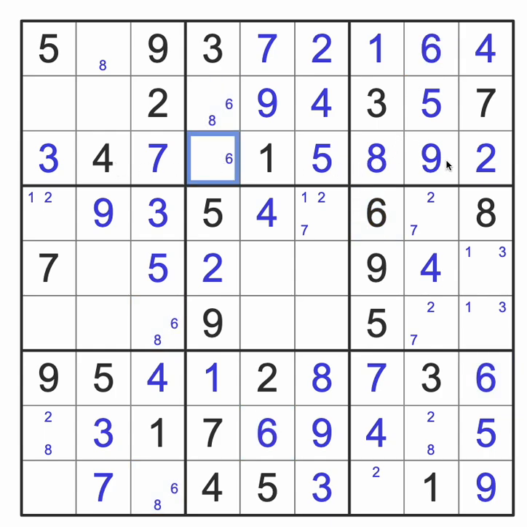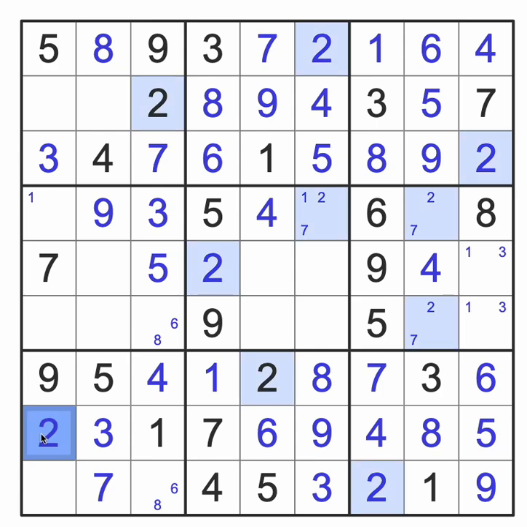The last number of this row is 6, and gives me 8, gives me 8. The last number of this column is 2, that gives me 8, that gives me 2. And these are 6 and 8.